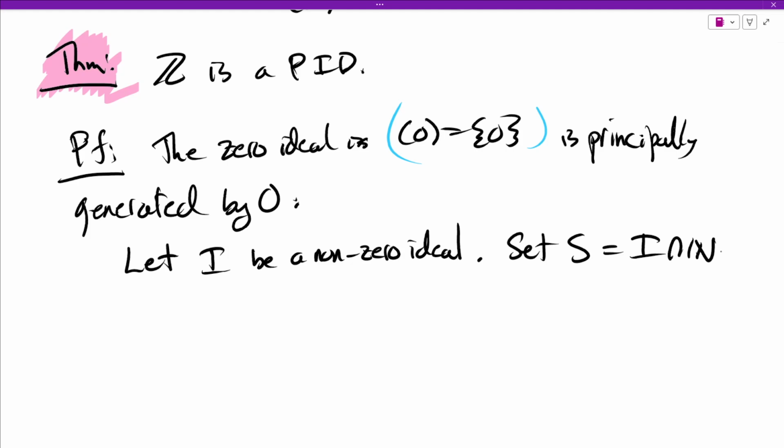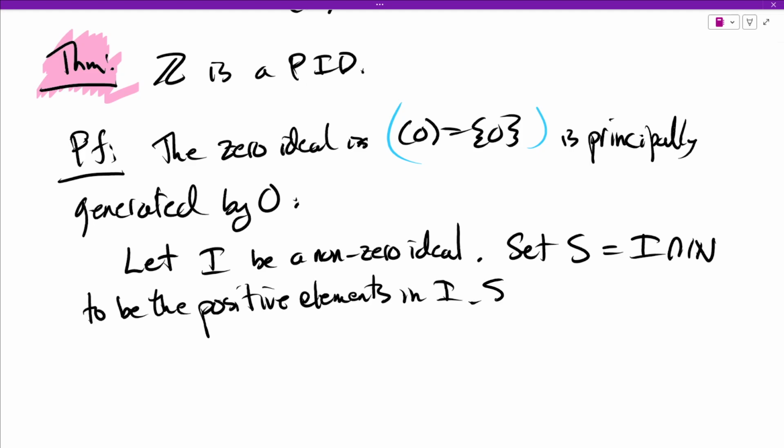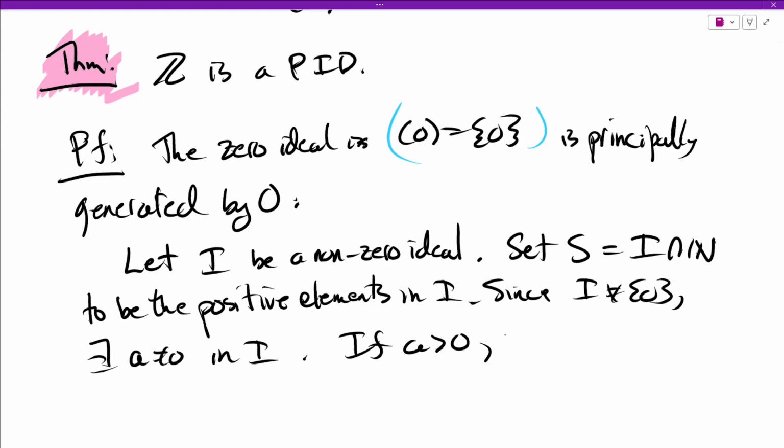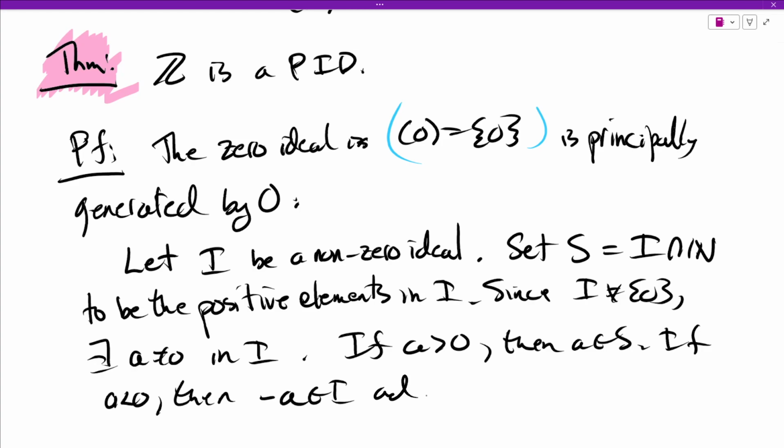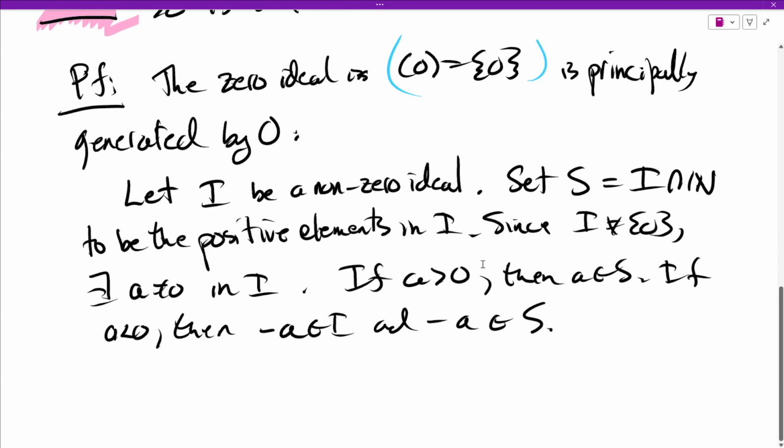That is, we're looking for the positive elements of I. Since I is not zero, there exists some a not zero in I. If a is bigger than zero, then a is in S. And if a is less than zero, then negative a is in I, and therefore negative a belongs to S, because I absorbs multiplication by ring elements.